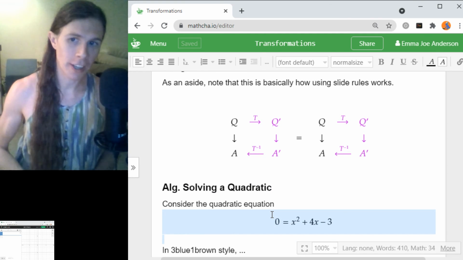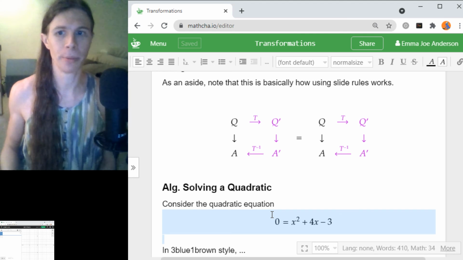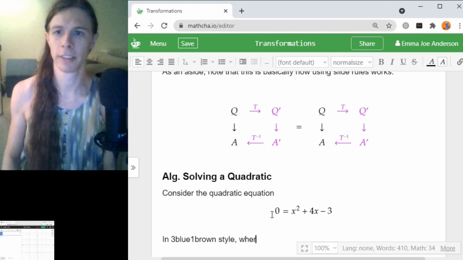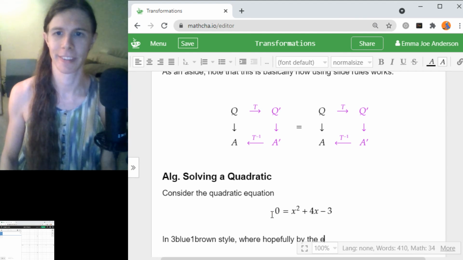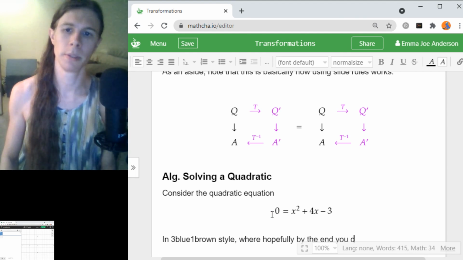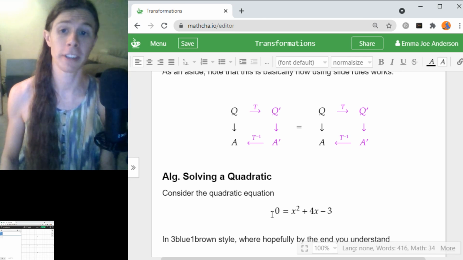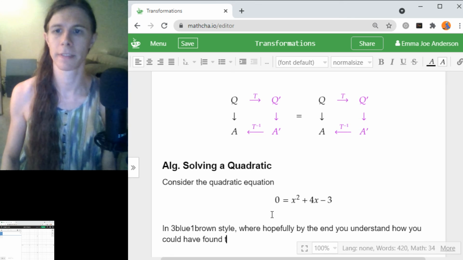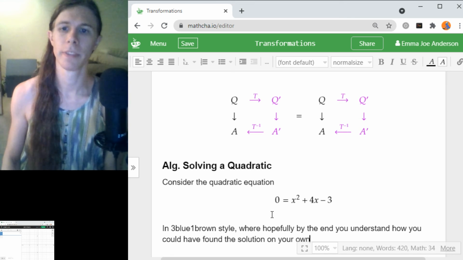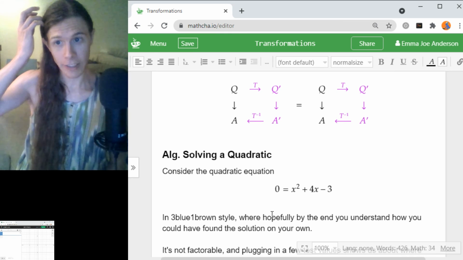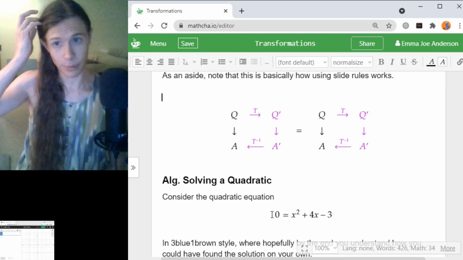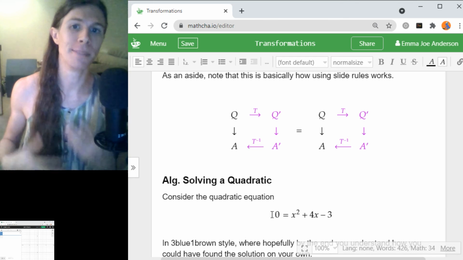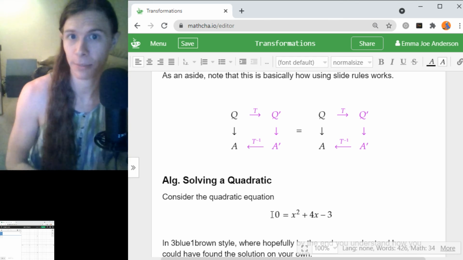And we'll try to do it in a sort of 3 Blue 1 Brown style where hopefully by the end you understand how you could have figured it out on your own. If that's the case, then you'll have understood this method enough to apply it to new kinds of problems.